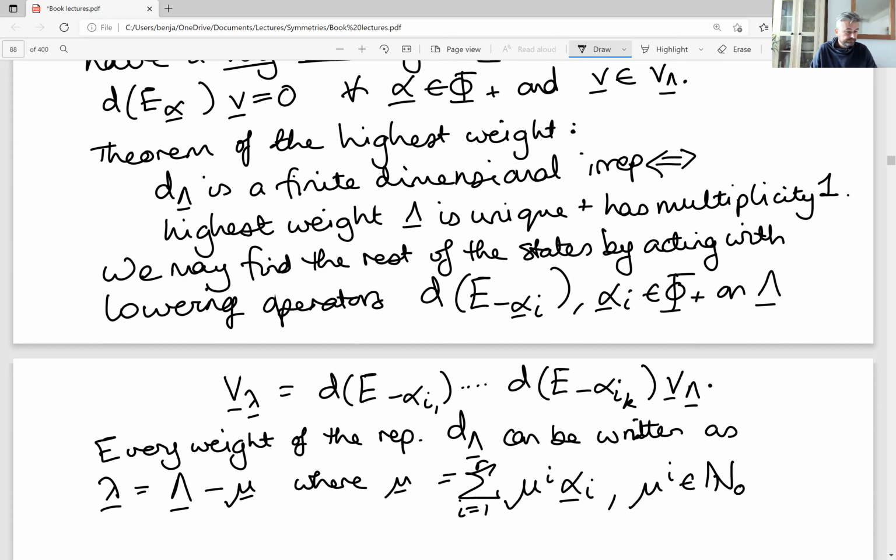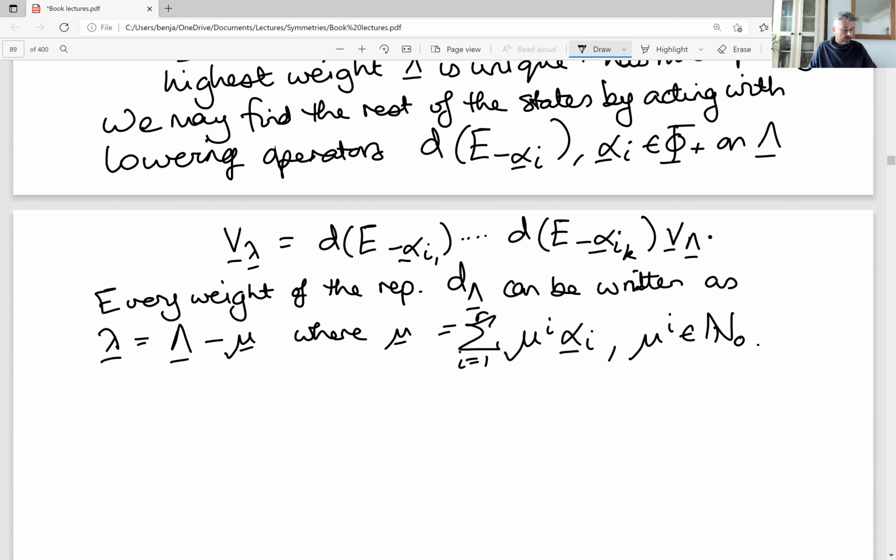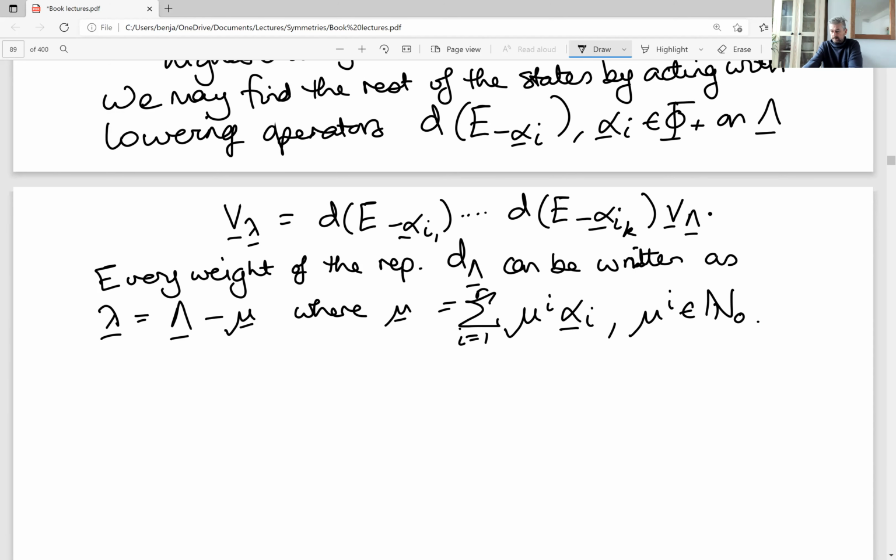They can be 0. That's essentially what the above equation is saying. Sometimes people call the highest weight the dominant weight.